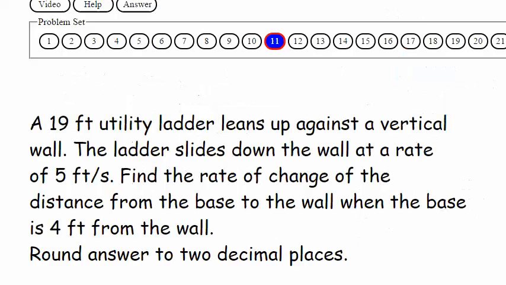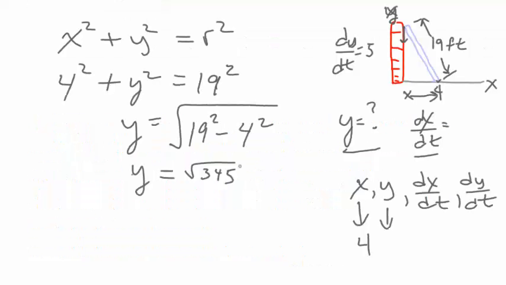Let me see something real quick here. Yep, 19 foot. Okay, looks good. I'm just checking.